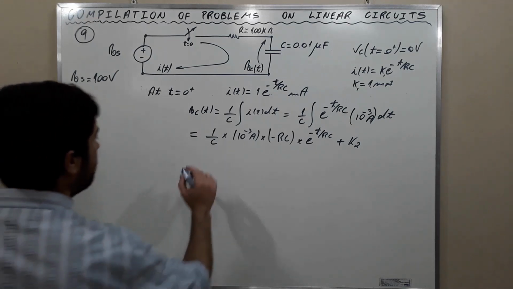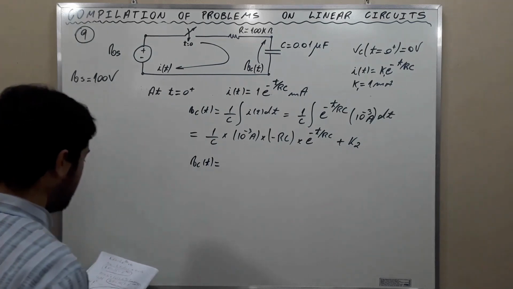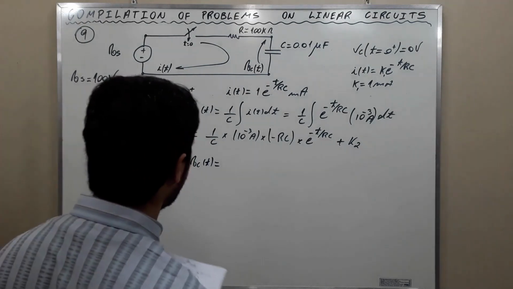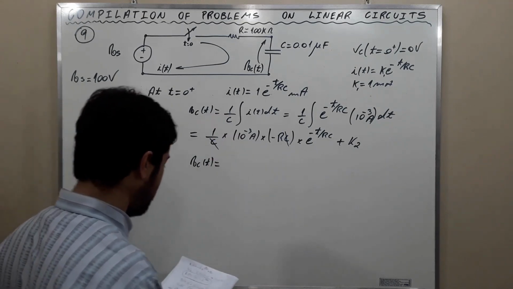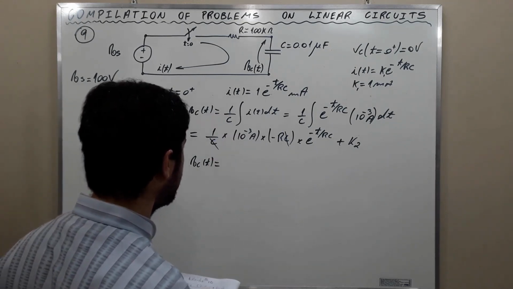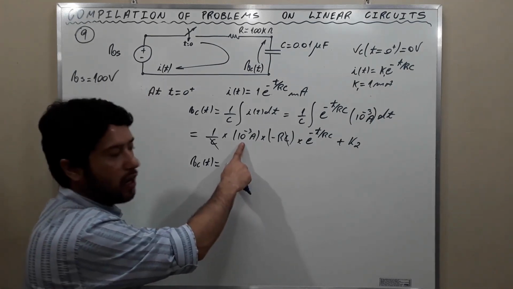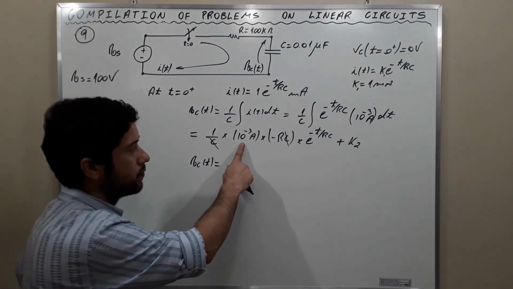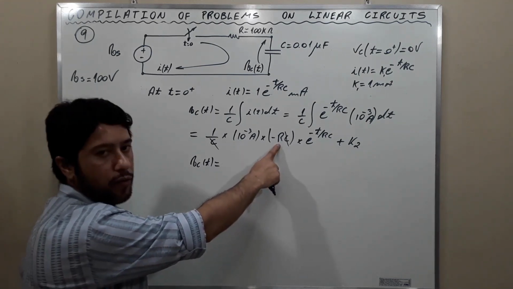And Vc of t is going to be, let's cancel this with this, okay? And here we have current. Here we have resistance.